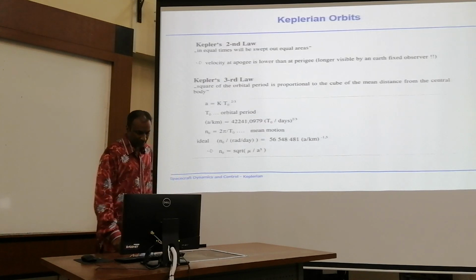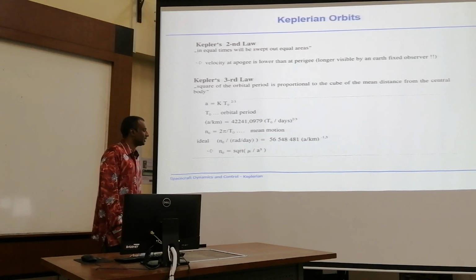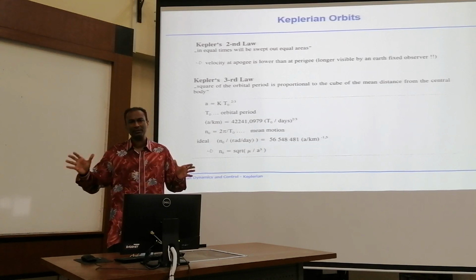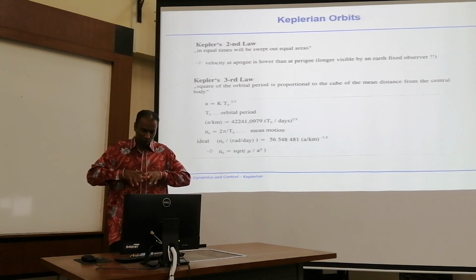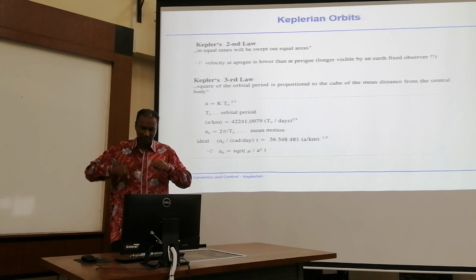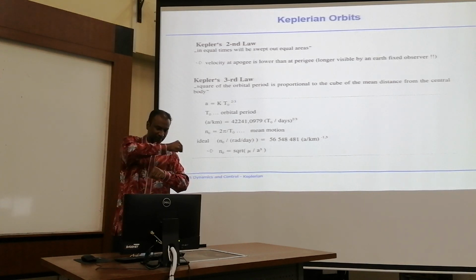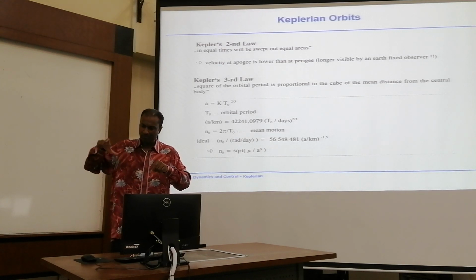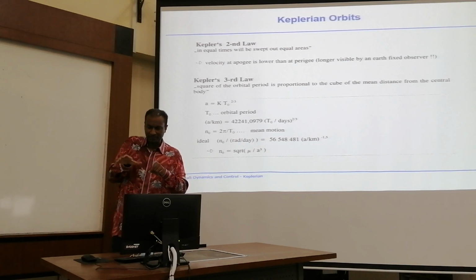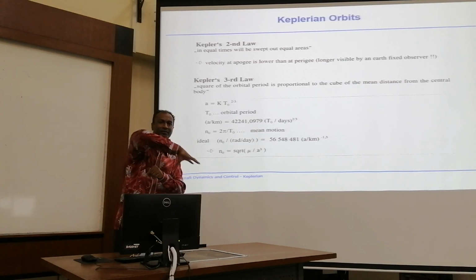Now, Kepler's second law, equal time equal space, means that if you look at an orbit, if you draw a two-dimensional pattern, when a body moves from one point to another, if you calculate the time and the particular area, it should be equal to that of another part.